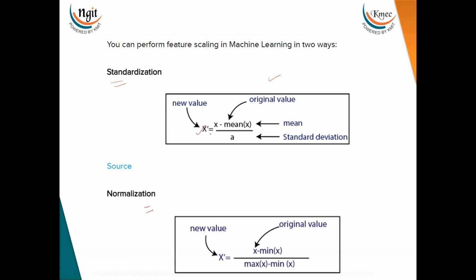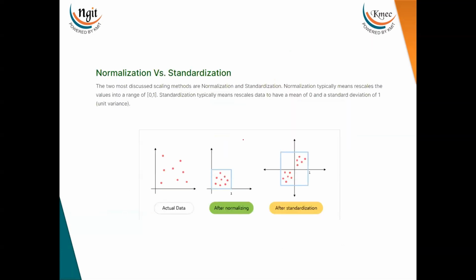This is how we do standardization, where the new value is calculated as x minus the mean of x, divided by the standard deviation. Or you can do normalization, where the new value is x, the original value, minus the minimum value, divided by the maximum of x minus the minimum of x. These are the two methods we use for feature scaling. Without feature scaling, the data set looks something like this, with a lot of difference between one data point and another.